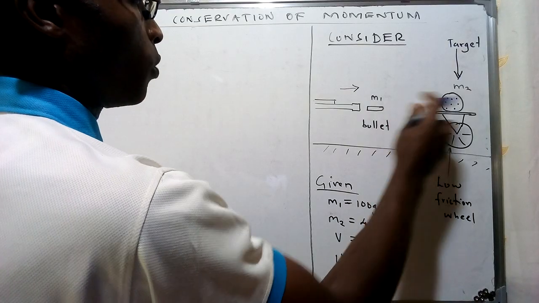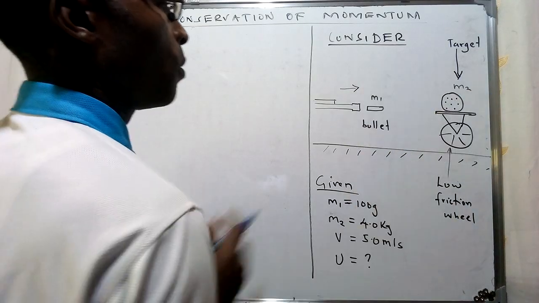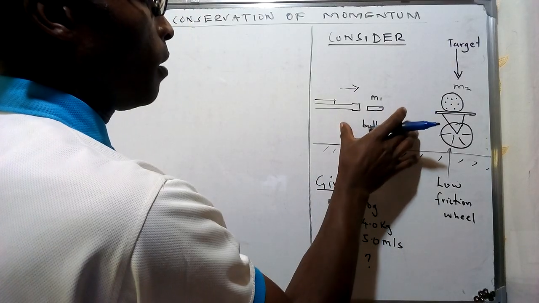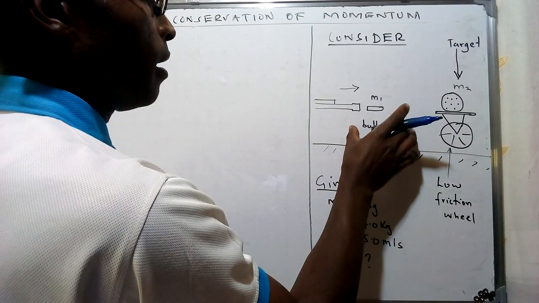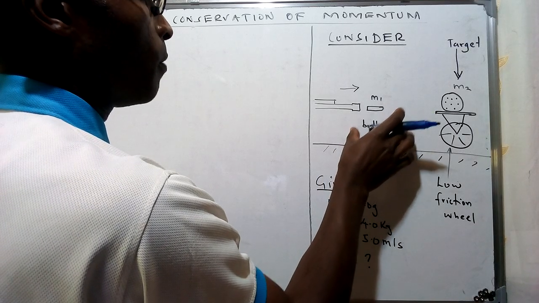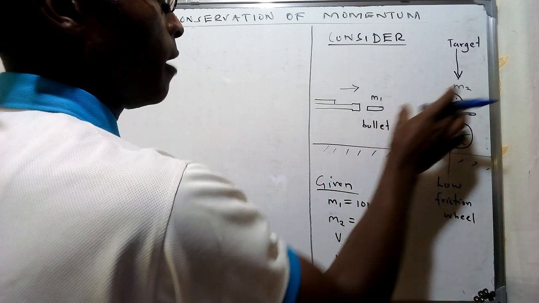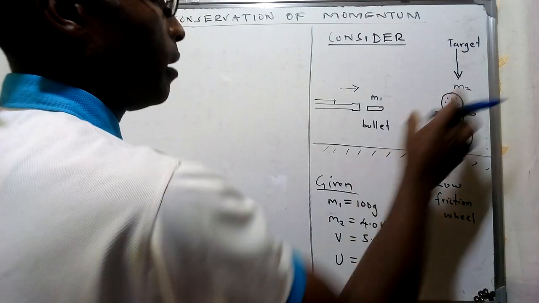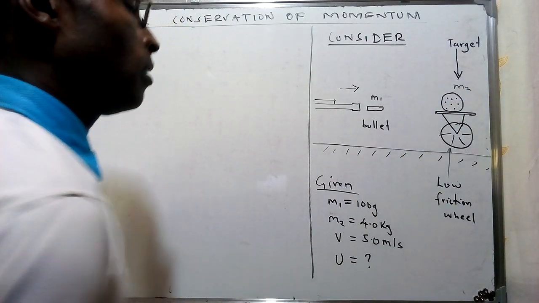And this bullet is going to hit this object. We're going to consider the momentum before this object hits the target, and that creates for us the initial momentum of this traveling object.